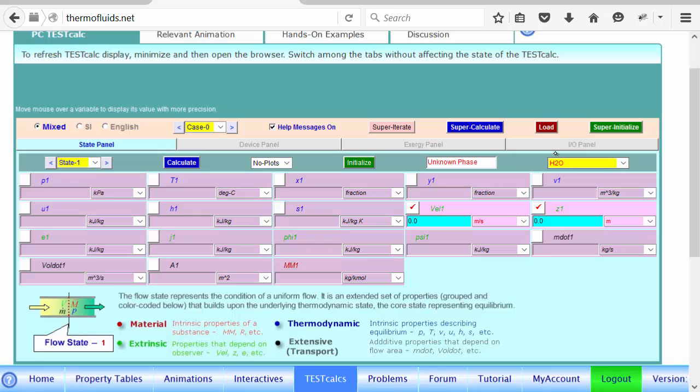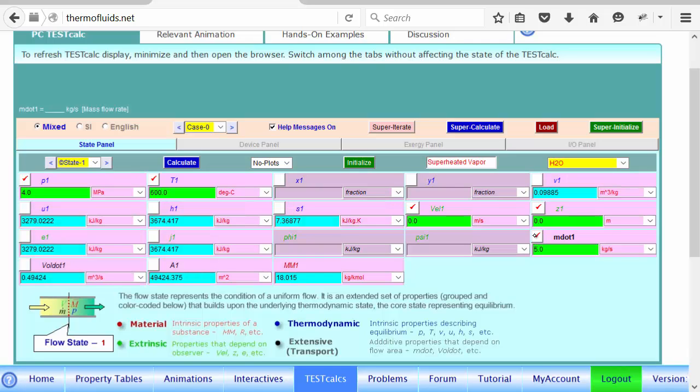H2O is already selected as the fluid. Let's enter the pressure to be 4 MPa, and temperature is given as 600 degrees Celsius. We also know the mass flow rate, so state 1 is calculated. And the enthalpy found is 3674, which is exactly what we got from our table.